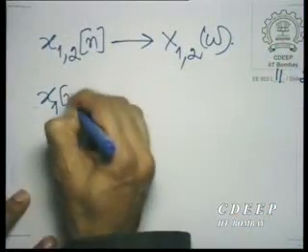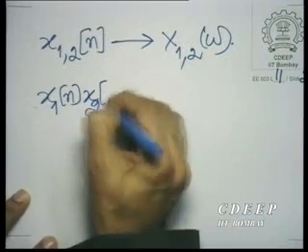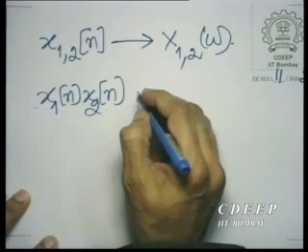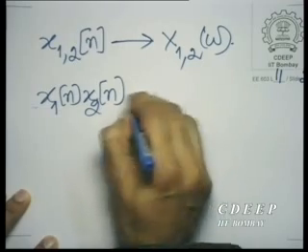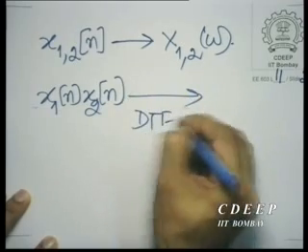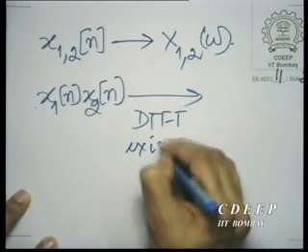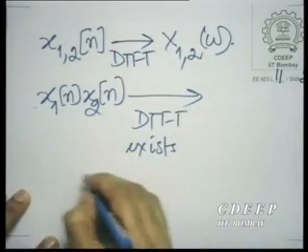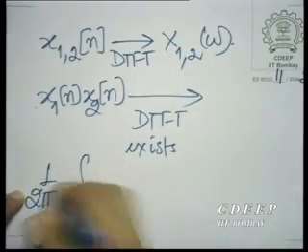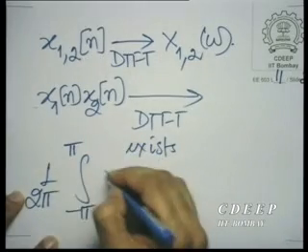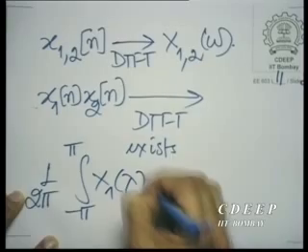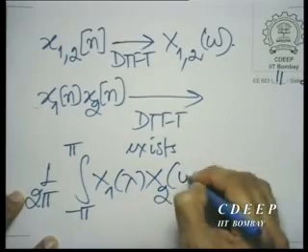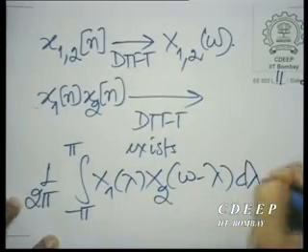And we know that x1[n] times x2[n], if it does have a DTFT, would be essentially 1/2π integral from −π to π X1(λ) X2(ω − λ) dλ.